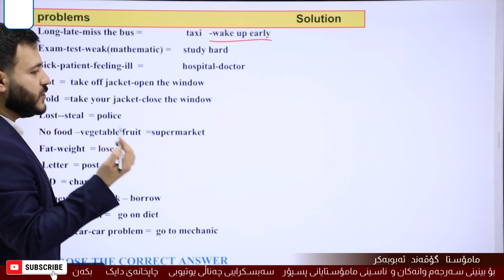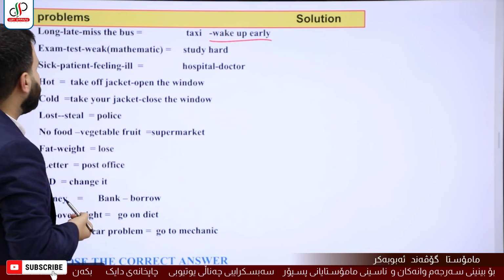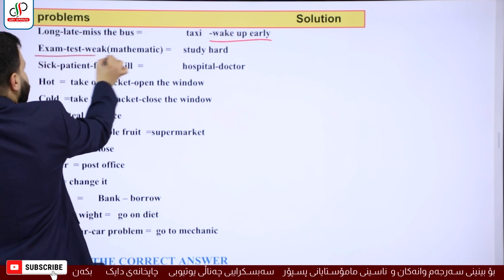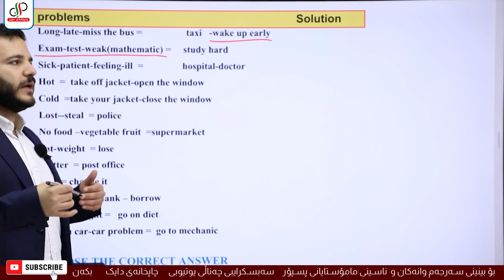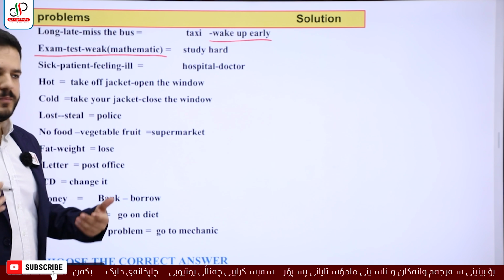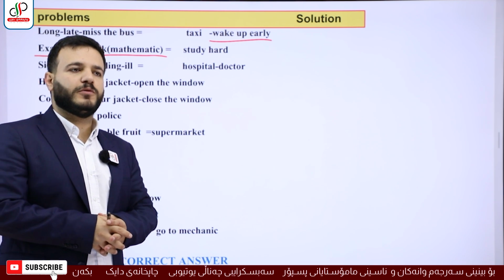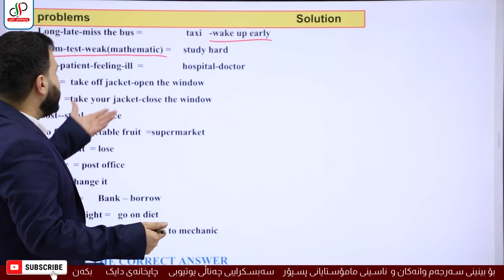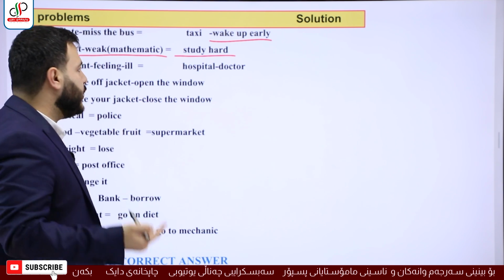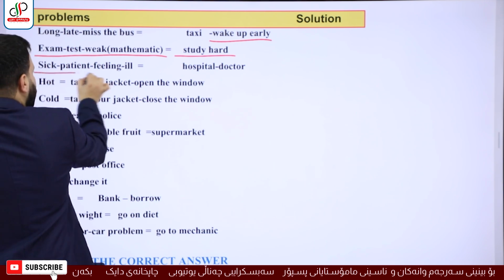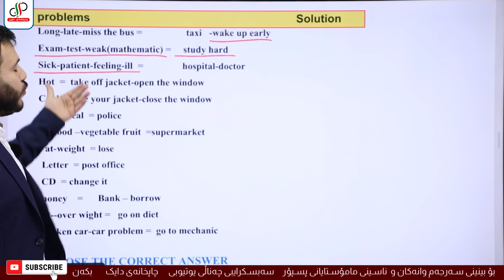In that case, you have to say, you must wake up early. How about if a student has an exam or test, or says, I'm weak at, for example, biology or chemistry? In that case, you would say, try to study hard.